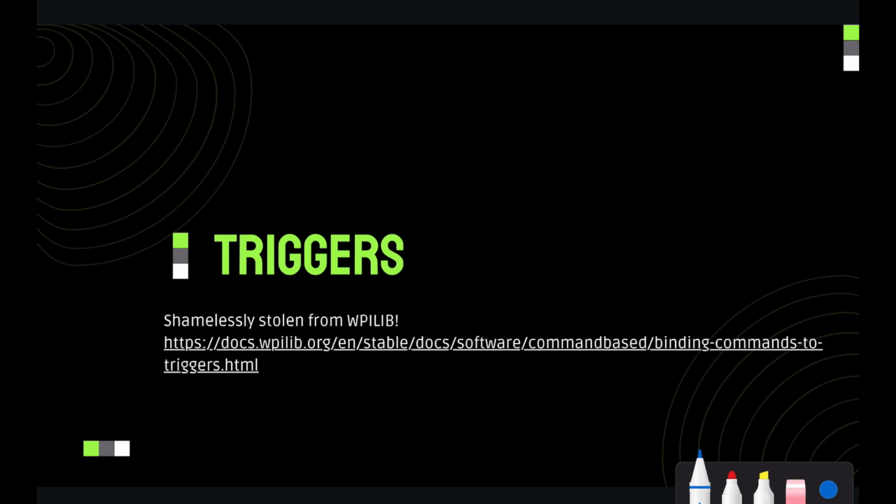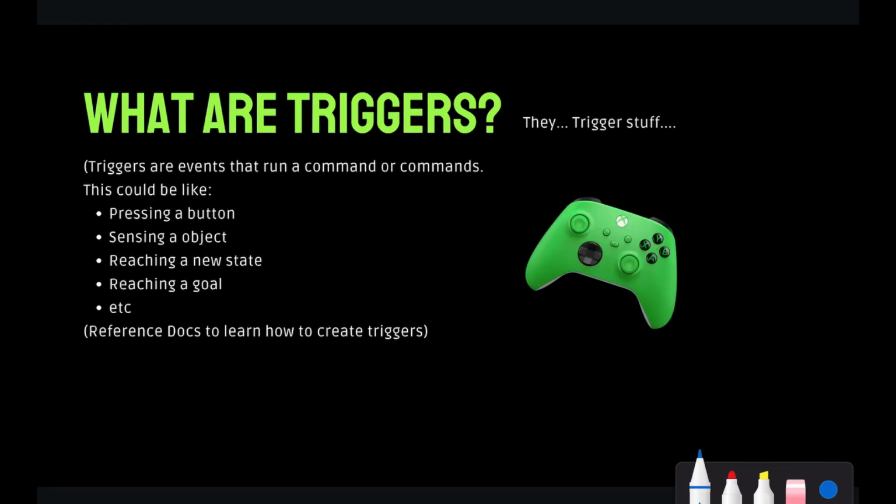Something also useful to know about in command-based programming is going to be triggers. Triggers are, well, they trigger stuff. This is like an event, a true or false, and they're helpful as they can help indicate when you want to run an instruction.